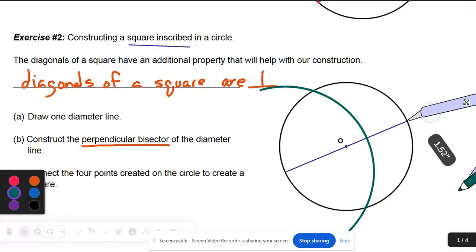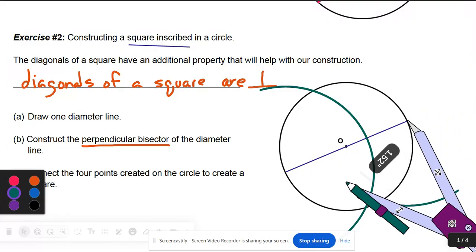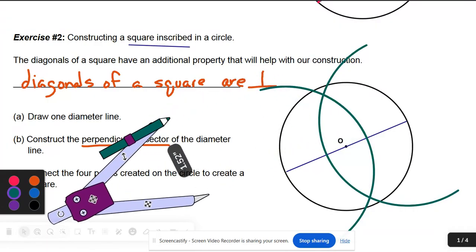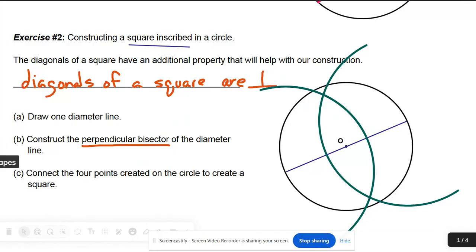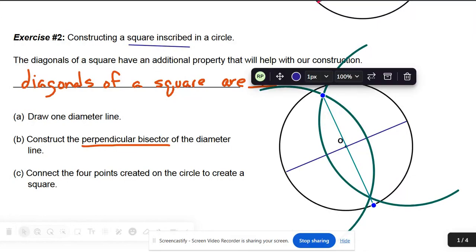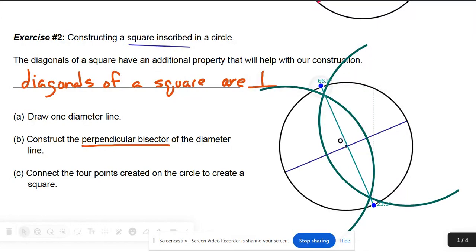You put the point on the other side, and I make the arc the other way. And if all goes well, I should be able to connect the intersection points through there. I'm going to just stretch this one out so it reaches the circle where I need it to. Good enough.